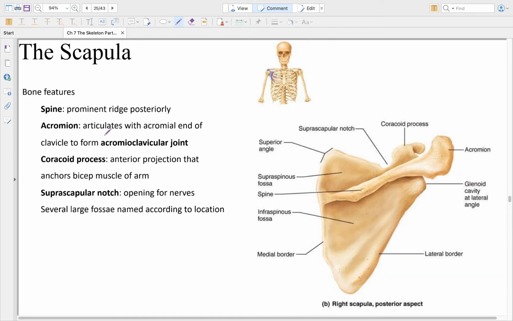Okay, now if we flip this over, there's the notch, the suprascapular, there's the coracoid process, there's the acromion, glenoid cavity, and see this branch type structure? It's referred to as the spine. So it's unsurprising. This is called the supraspinous fossa, inferior spinous fossa. It's based on the location of the spine.